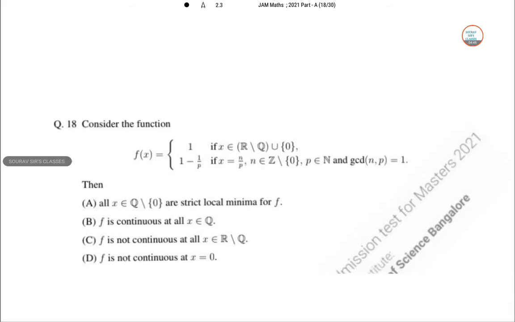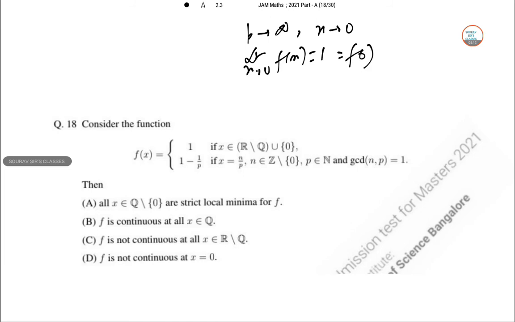Let's have a look into this. So if x equal to 1 or 1 minus 1 by p, if x equal to n by p, then GCD of n, p is 1, then strictly local maxima, continuity, this thing. So if we take p tends to infinity, then x tends to 0, limit x tends to 0, f(x) will become 1.